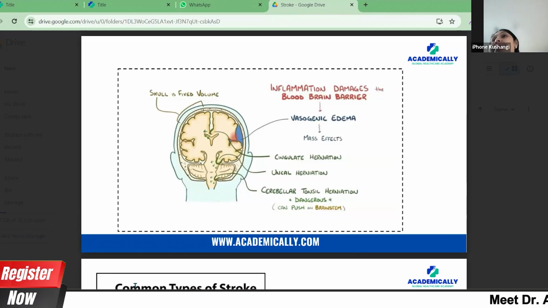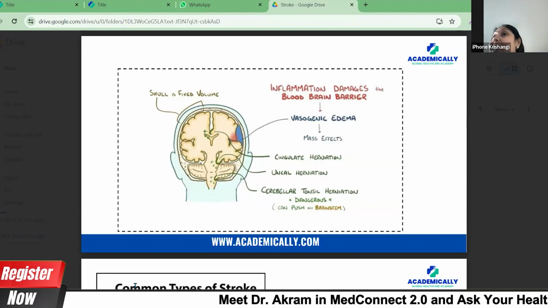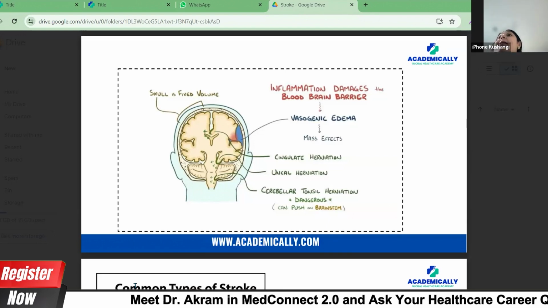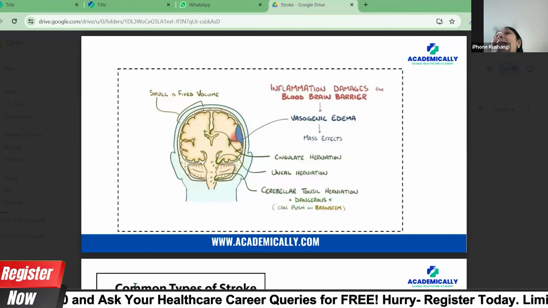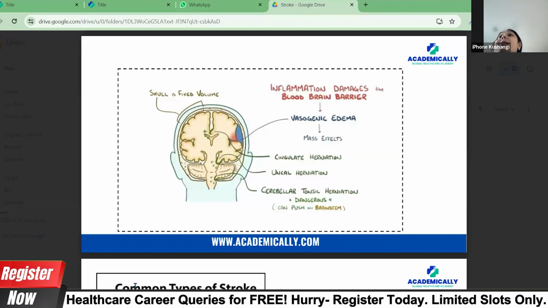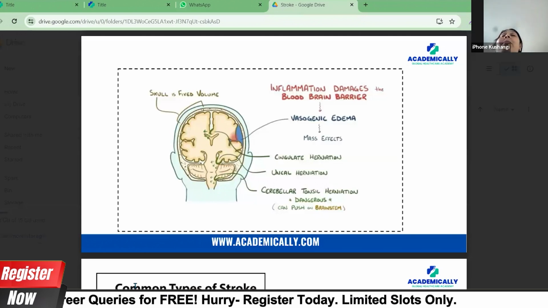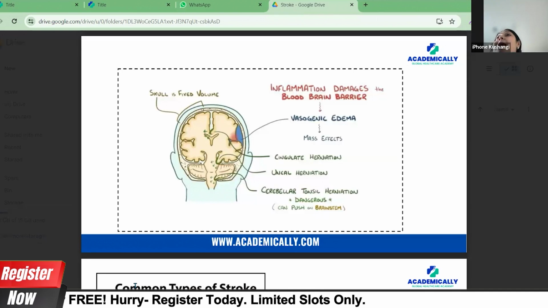It's not only brain infection, but any other systemic infection can also affect the brain and may lead to stroke. Okay, so what is the reason? That infection, being systemic in nature, might spread to the brain layer.